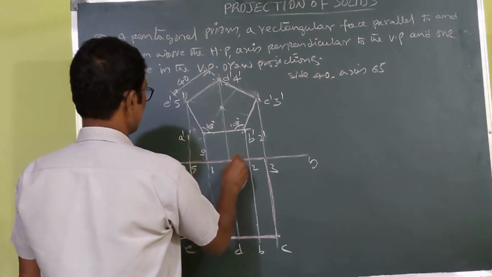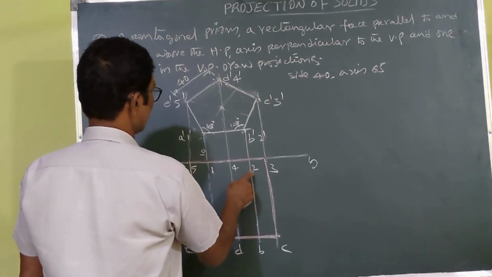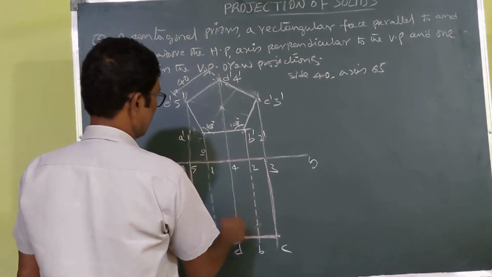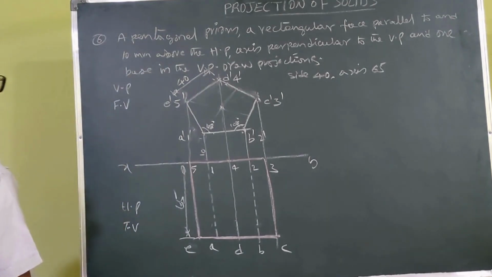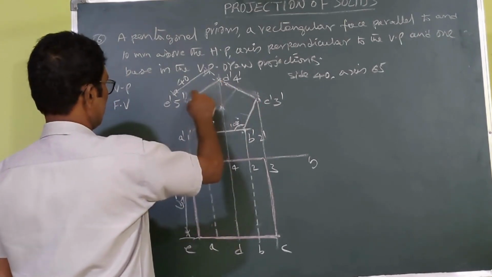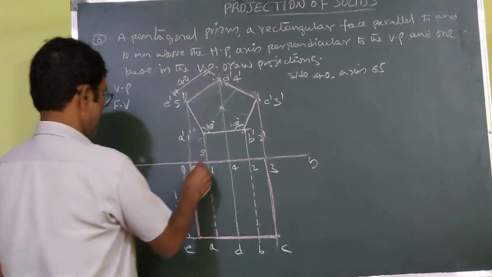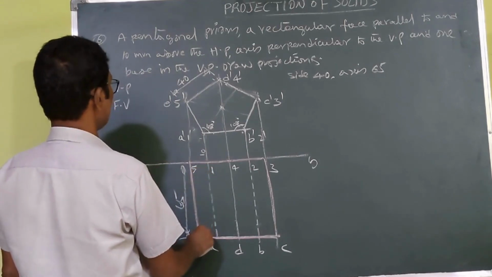So on the axis, this line is coming on the axis. This is the full line. This is also a dotted line. This is also top view. This is visible. This is visible. Okay, therefore 5 is visible.